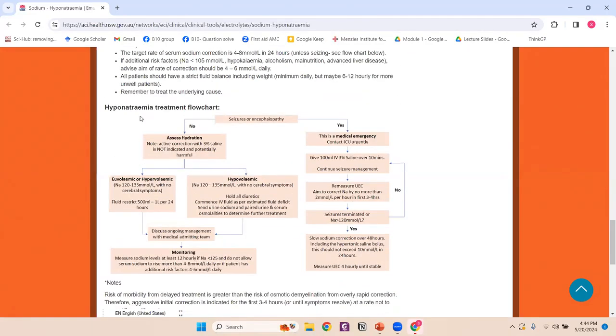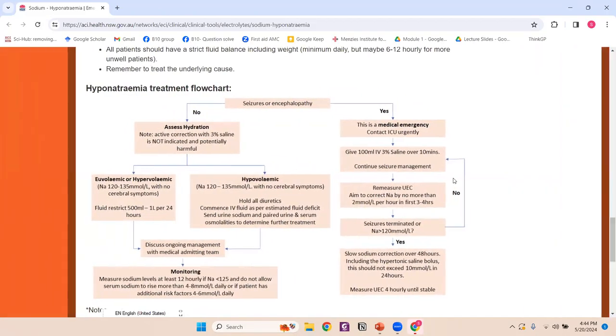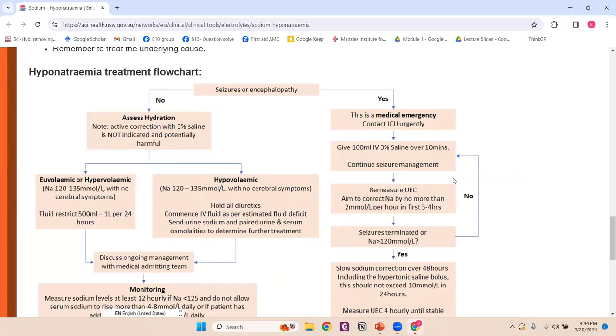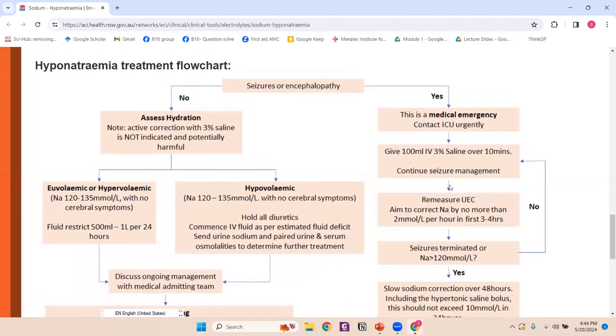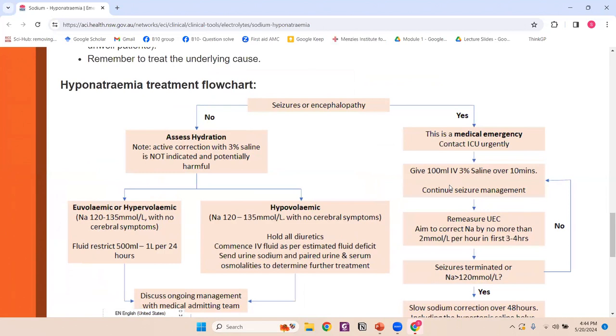Okay, so let's go through the hyponatremia management. I should have asked this question before I displayed this flowchart, but anyway. Somebody wants me to zoom in, all right. The most important thing in management of hyponatremia is that you have to ask two questions.